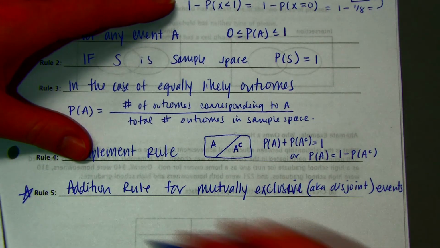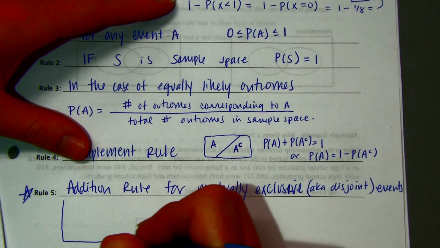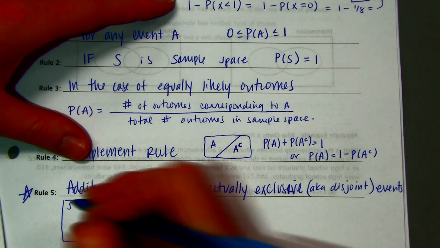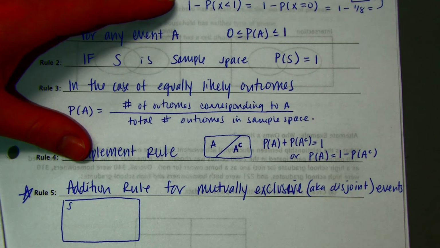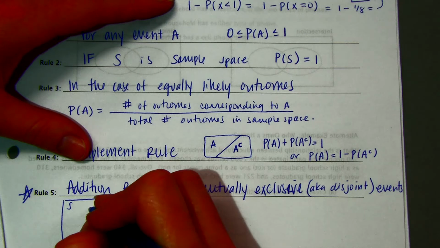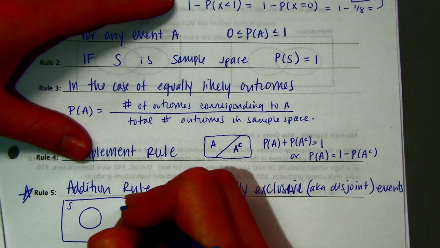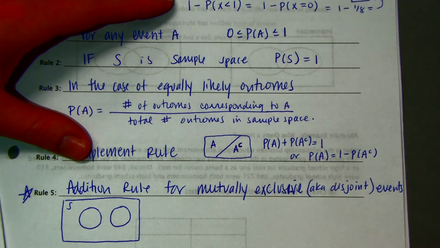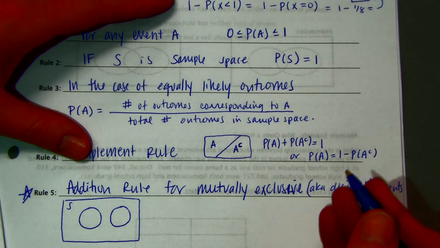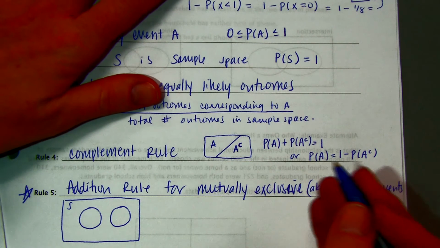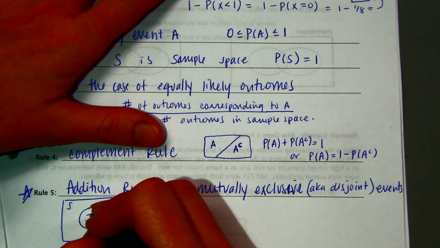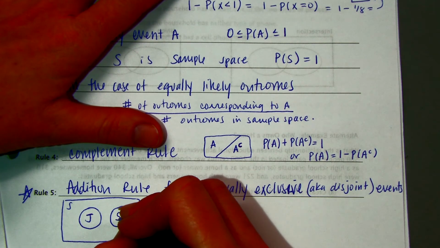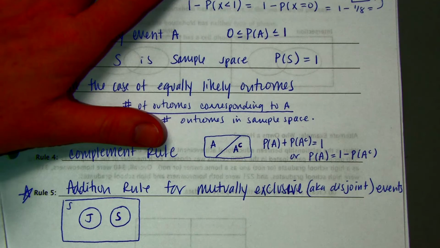Okay, so if I have my sample space and let's say that I have two events that have no elements in common. So let's say we're talking about juniors and seniors. I've got students that are juniors, I have students that are seniors. You can't be both.